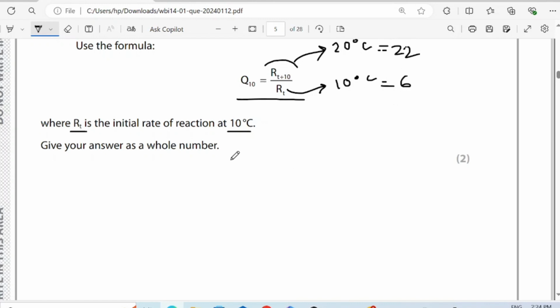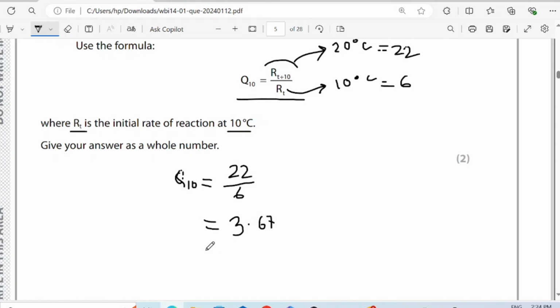If we follow this equation, what we have as Q10 is 22 over 6. If you calculate the value, we get about 3.67.